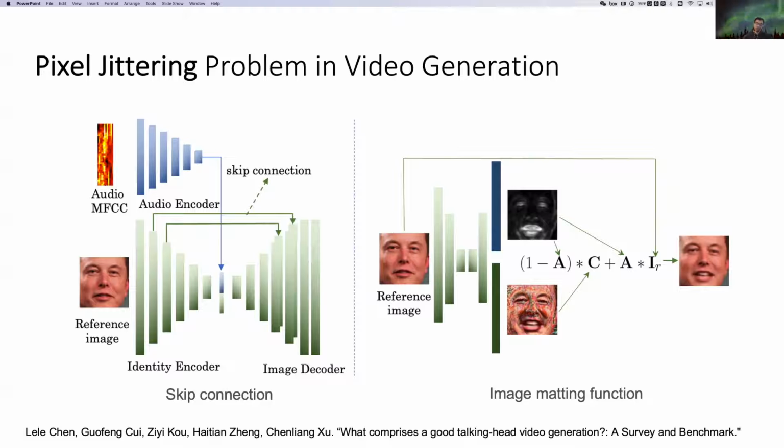We know that deep generative networks have tons of parameters, and every time you generate a single image, even for adjacent frames, the parameters could be different, and it introduces small differences in every frame, which is basically the pixel jittering problem.